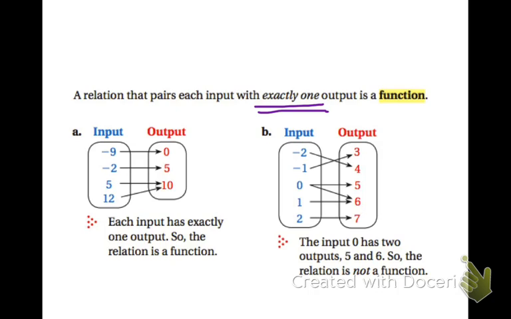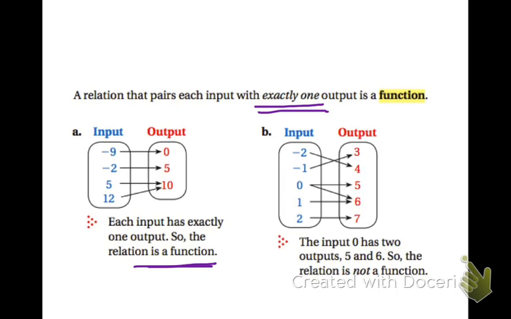The input goes to 1 output. -2 goes to 5. It goes to 1 output. 5 goes to 10, and 12 goes to 10, but 5 only goes to 1 output, as well as 12. There are some mathematical rules that can be written where the output would be the same. Each input has exactly 1 output, so it is a function.